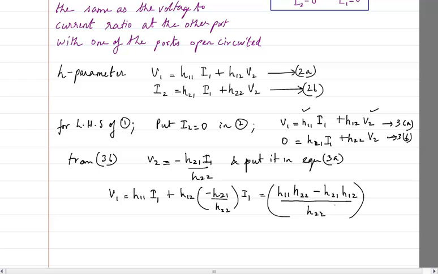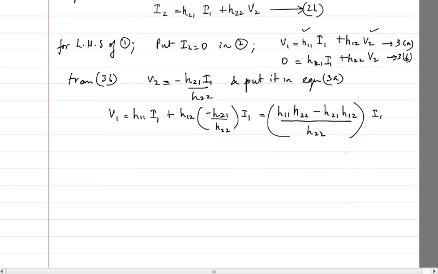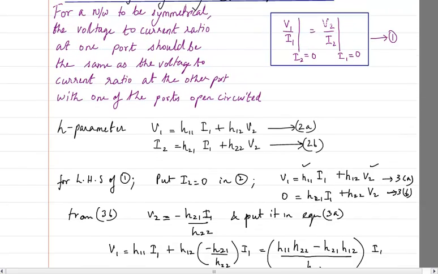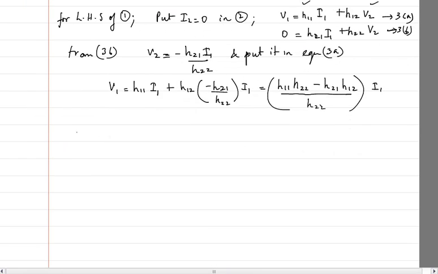Therefore, V1 by I1, when I am considering I2 is equal to 0, is going to be H11 H22 minus H21 into H12 divided by H22.